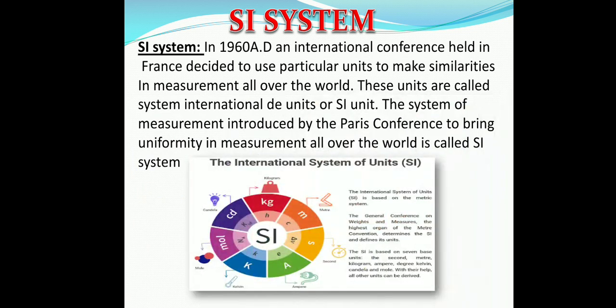There are mainly 7 fundamental units, as we have learned before: mass, length, time, current, temperature, amount of substance, and luminous intensity. These are the 7 fundamental units, and these are obtained from the Paris Conference.